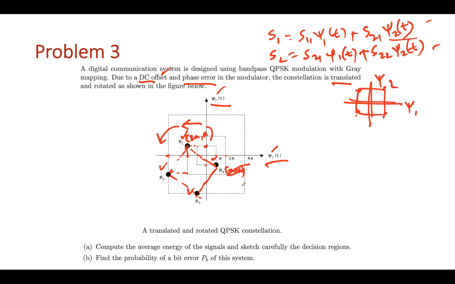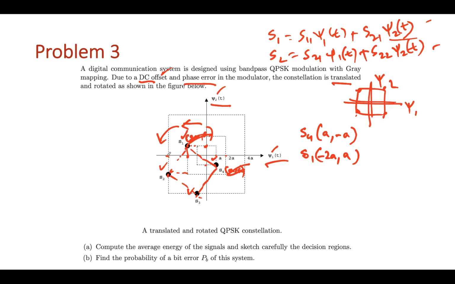I'm wrong here, S4 has, I'm wrong here as well. Let's say S4 has a psi 1 coordinate of A and a psi 2 coordinate of minus A. S1 has a psi 1 coordinate of minus twice A and a psi 2 coordinate of A. We were on S2.